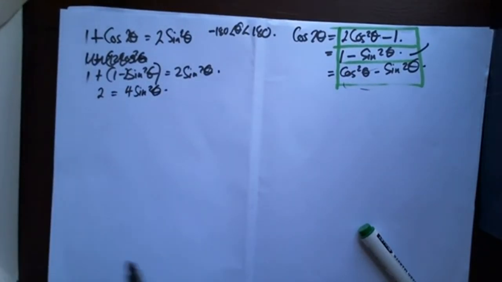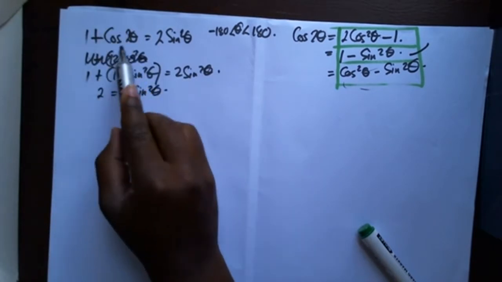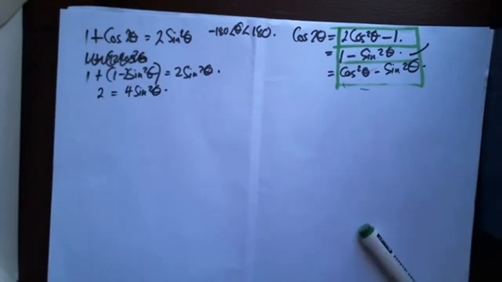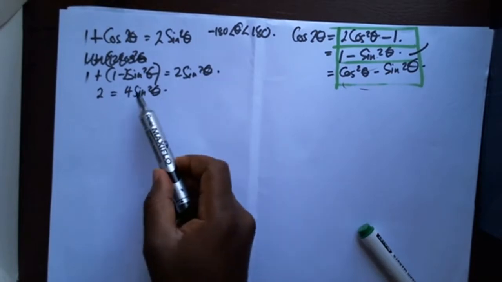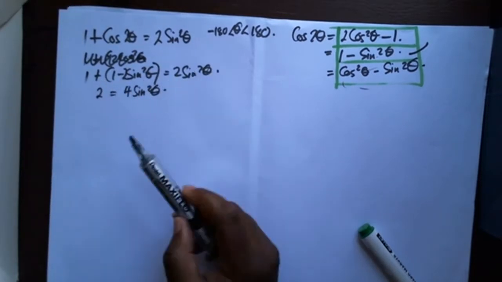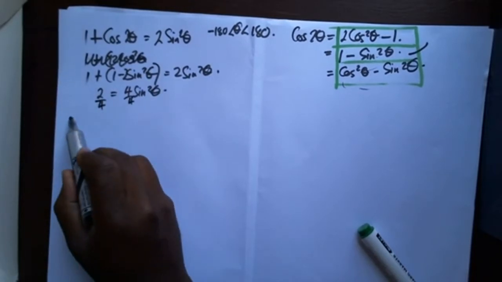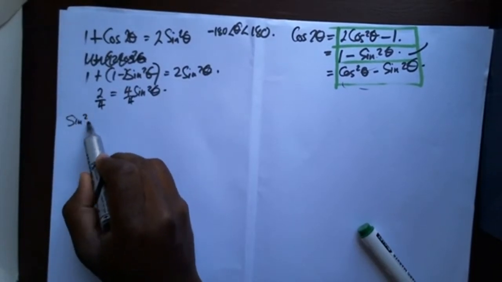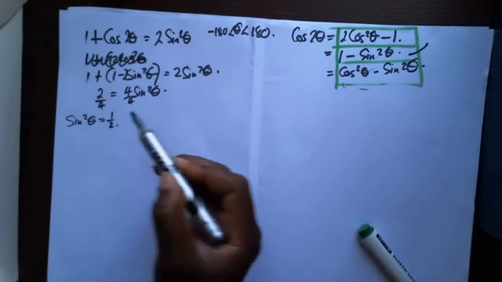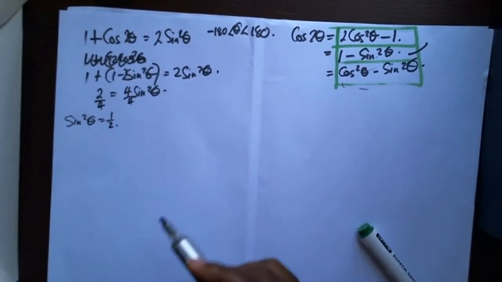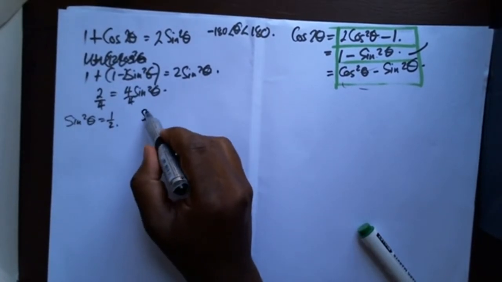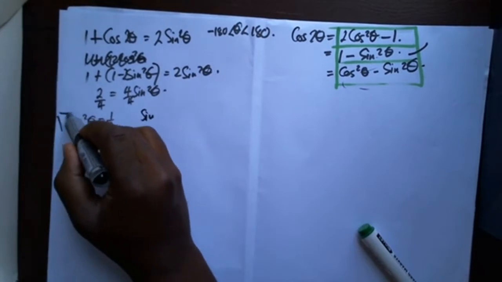You see, I've just substituted where there's cos 2a, I put 1 minus sine squared a. Then I expanded and put it this side. So now I can divide by 4 on both sides. So I have sine squared theta is equal to 1/2. Now I can square root both sides, remember.